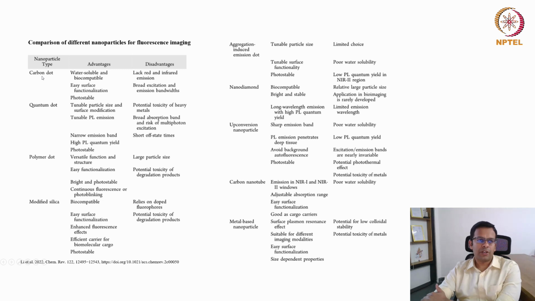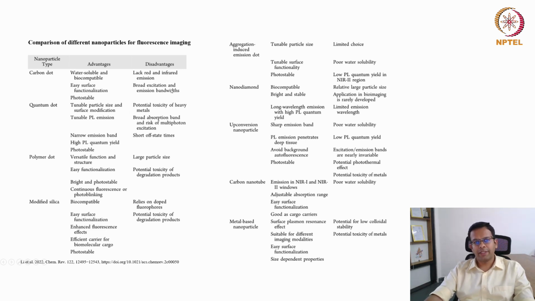For carbon dots, for example, they are water soluble and biocompatible, their surface can be easily functionalized or modified, and they are quite photostable. But the disadvantage is the lack of red and infrared emission. These carbon dots are available only in the green or violet range, but not for red emission.